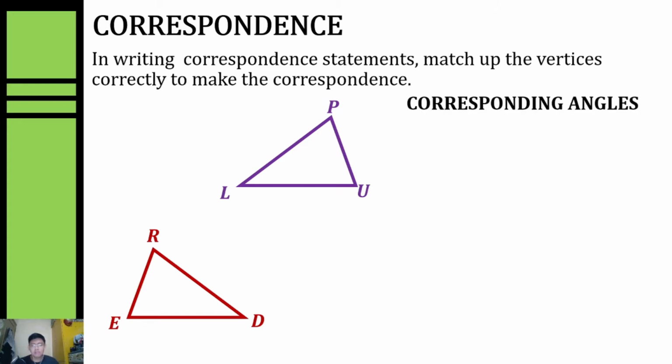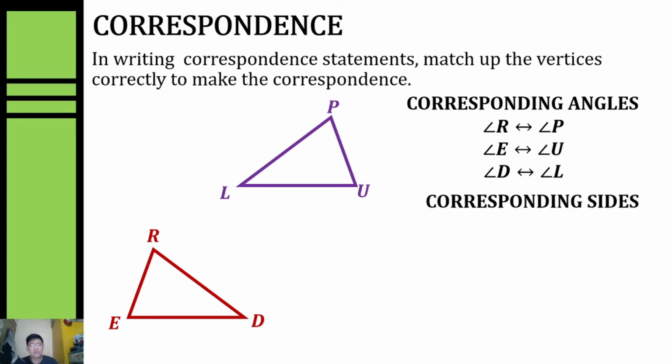Now, let's pair the corresponding angles. For our corresponding angles, we have angle R corresponds to angle P, angle E corresponds to angle U, and angle D corresponds to angle L. Now, let's proceed to corresponding sides.